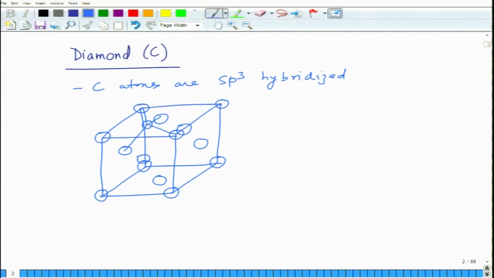So, it will make 4 bonds. So, this is first neighbor, this is second neighbor, this is third neighbor, and this is fourth neighbor. Similarly, you will have one atom here just across the face diagonal. Other 2 carbon atoms do not go in the bottom side, they go here. So, one carbon atom goes here and one carbon atom goes here.